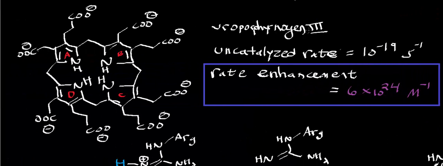What I want to show you is that the actual decarboxylation of these groups uncatalyzed is incredibly slow. The rate is actually about 10 to the negative 19th per second. That's extremely slow. It's never going to happen uncatalyzed for the most part.